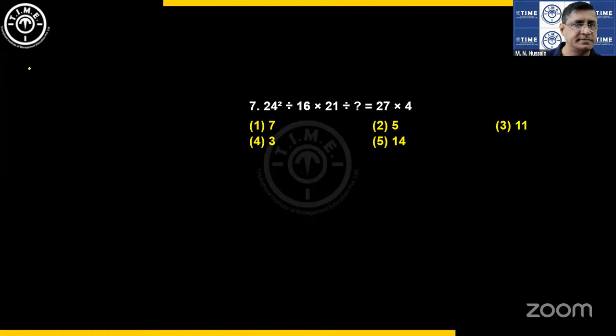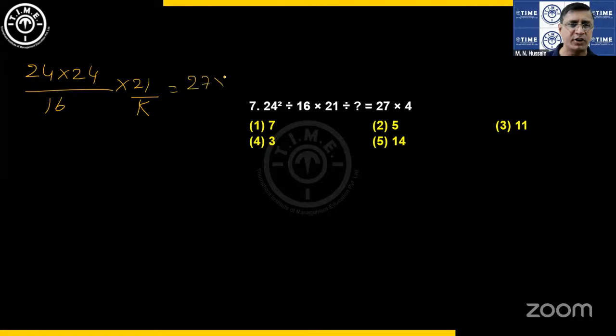24 square means 24 into 24. Of course, 24 square is 576. So 24 square by 16 into 21, divided by question mark, I am assuming it as k, is equal to 27 into 4.